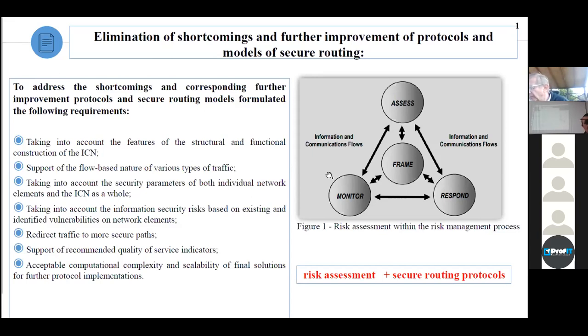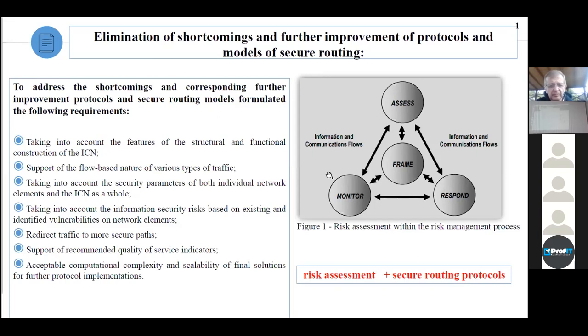Based on these requirements, an urgent task arises to develop and investigate a secure paths set calculation approach based on a routing model. At the same time, the calculation of secure paths is based on the methodology for assessing information risks for the critical vulnerabilities that are present in network nodes. And we use the methodology of risk assessment that you see on figure number 1, and then analyzing.